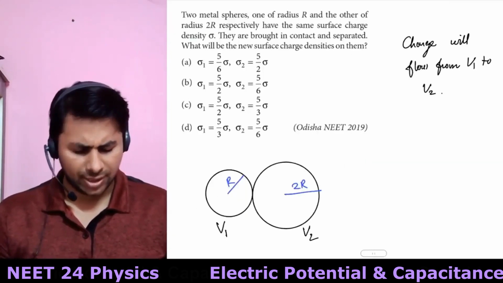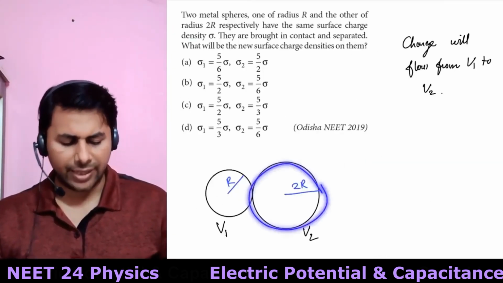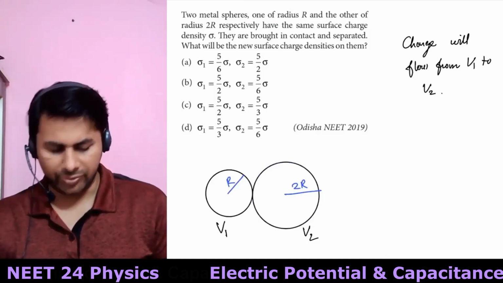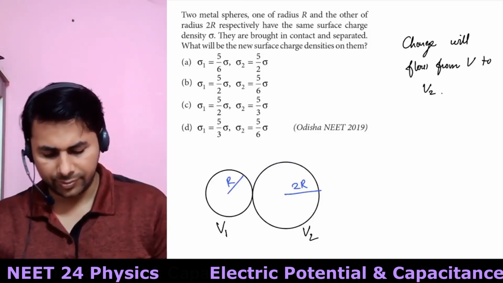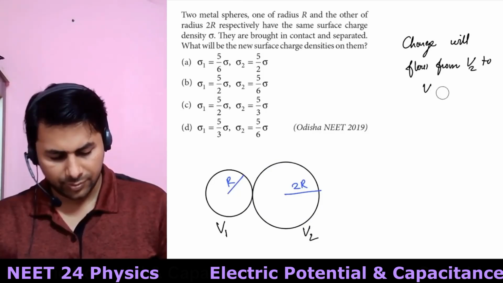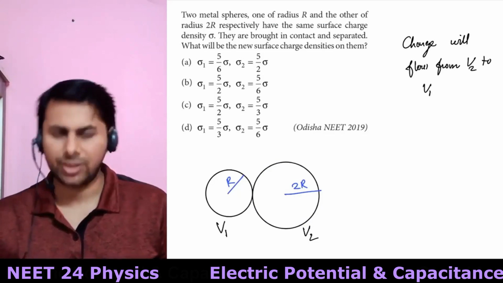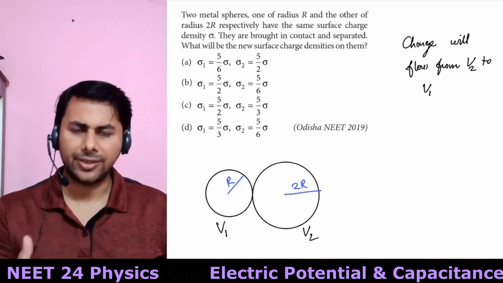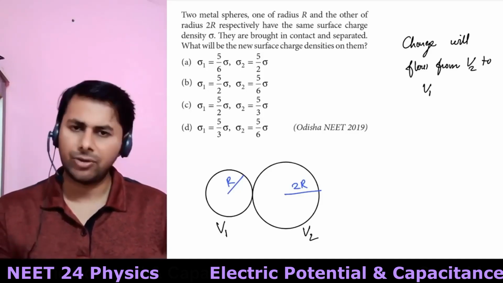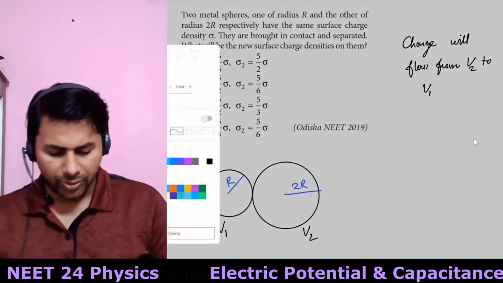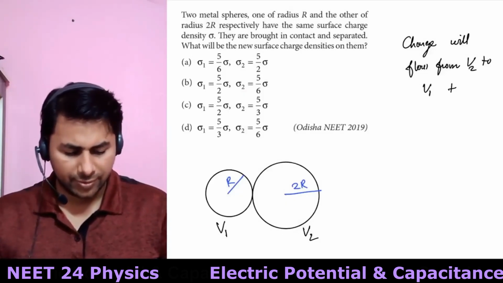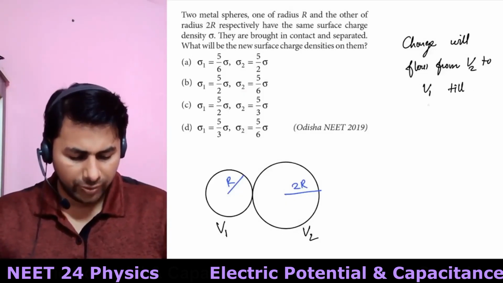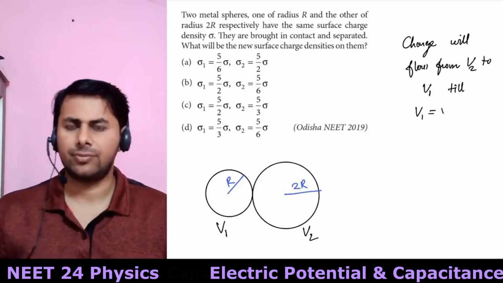Surface charge density is equal, so potential of the second one will be greater. So V2 will be greater, and charge will flow from V2 to V1 till V1 becomes equal to V2.